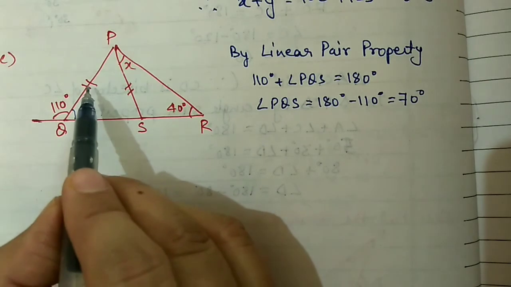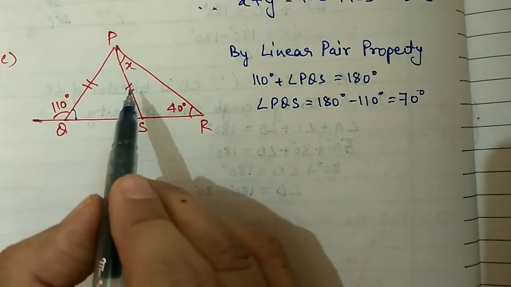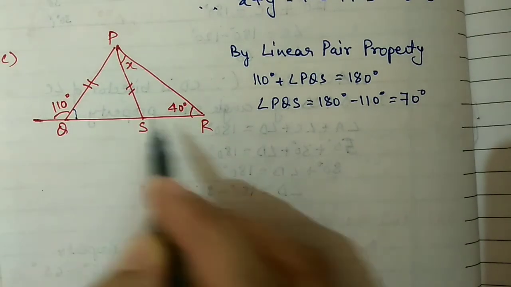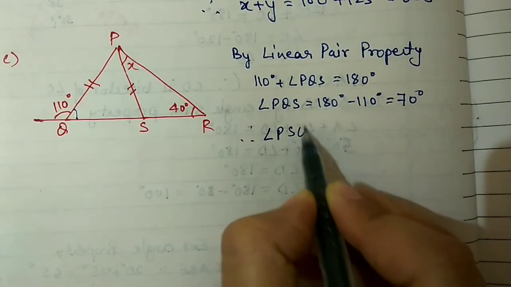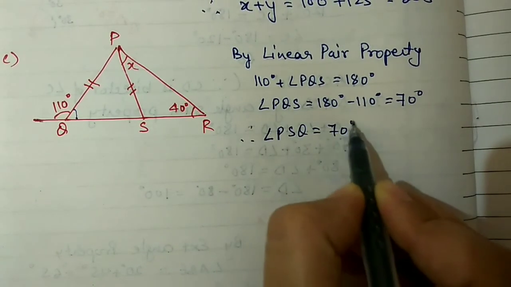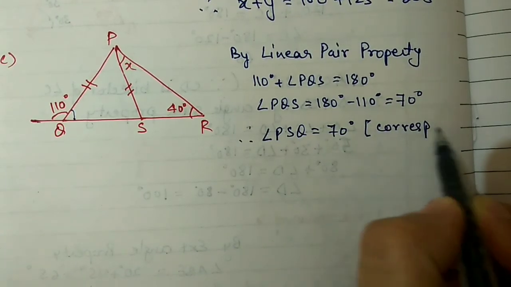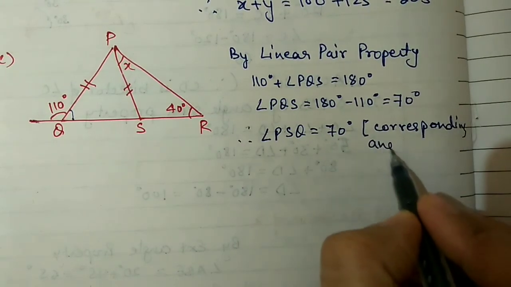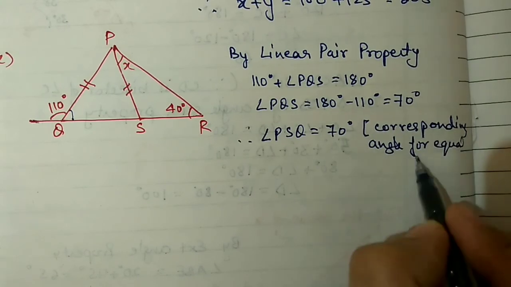Now because these two lines are the same in length, with the same type of marking, their corresponding angles, this and this, also will be the same. So you can write, therefore angle PSQ is also 70 degrees. You can write the reason: corresponding angles for equal sides.